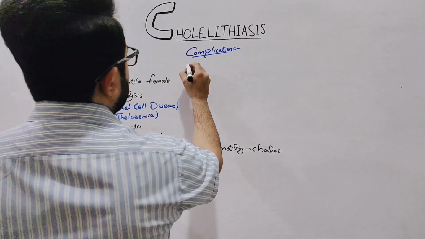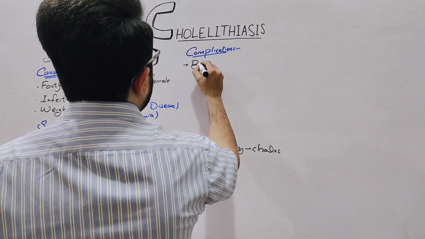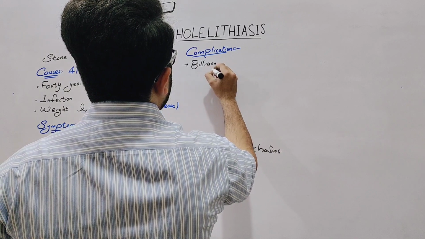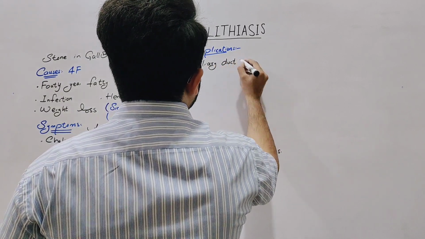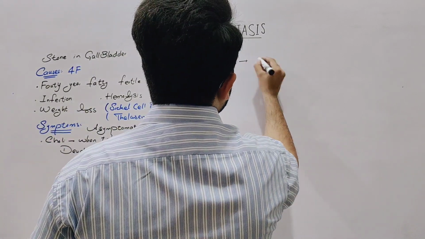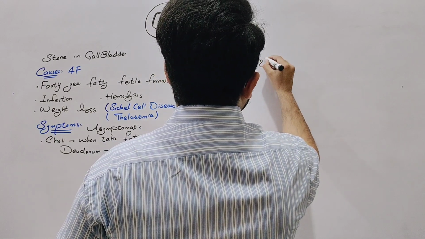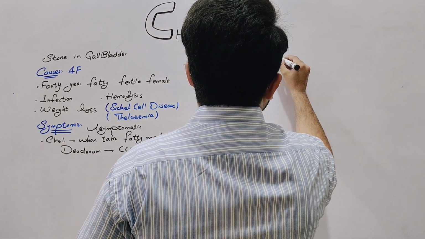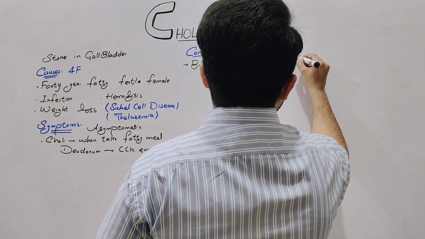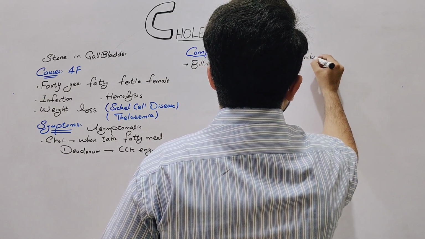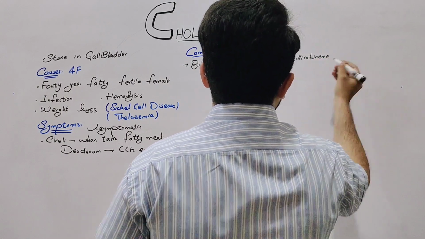If it enters the biliary duct, it will cause conjugated bilirubinemia, or you can say jaundice.